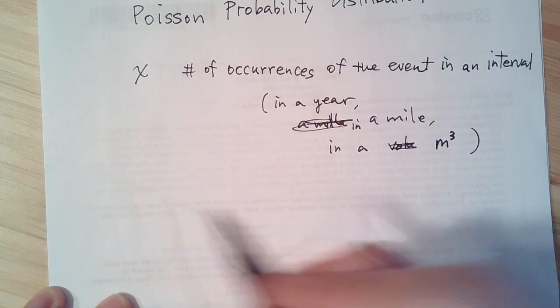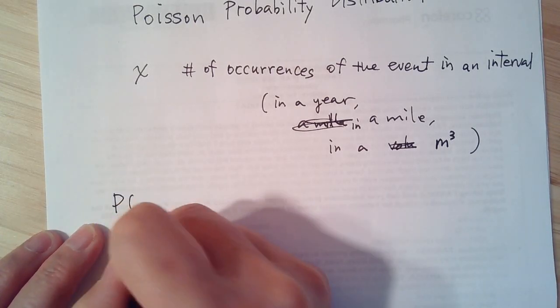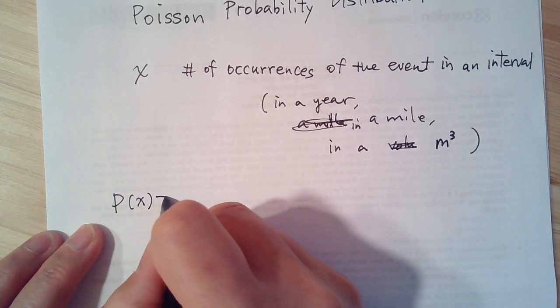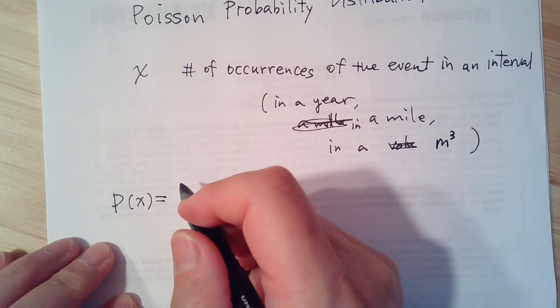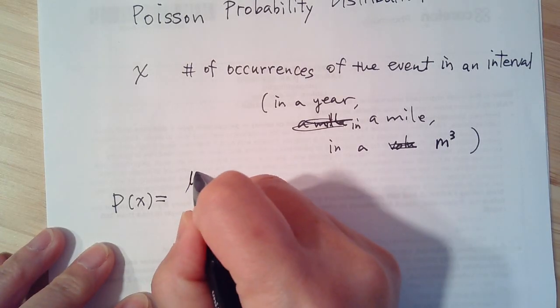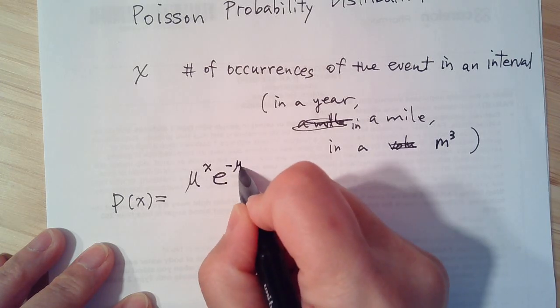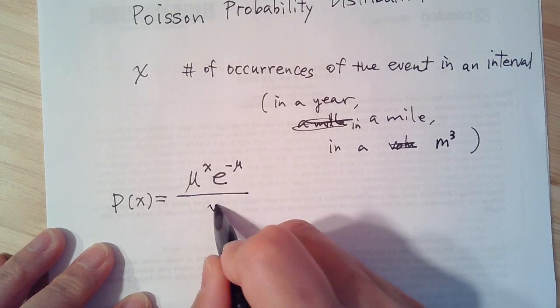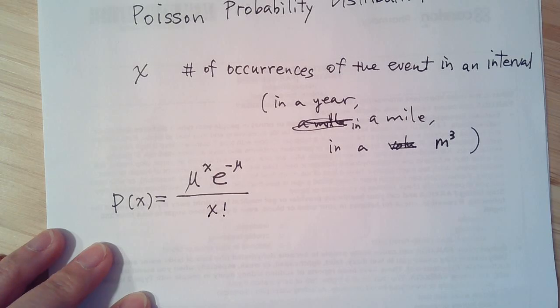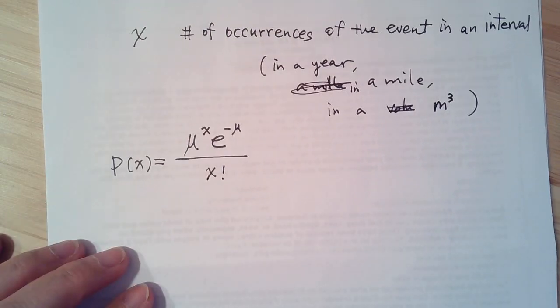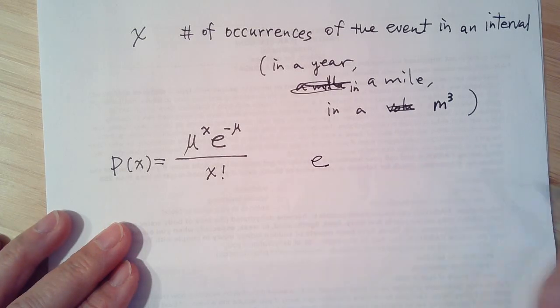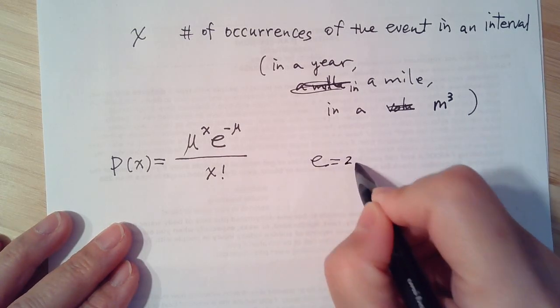The probability of that is this. It's very hard to remember. It's mu to the x, e to negative mu, over x factorial. It's scary, isn't it? What is e? e is 2.71828, almost.